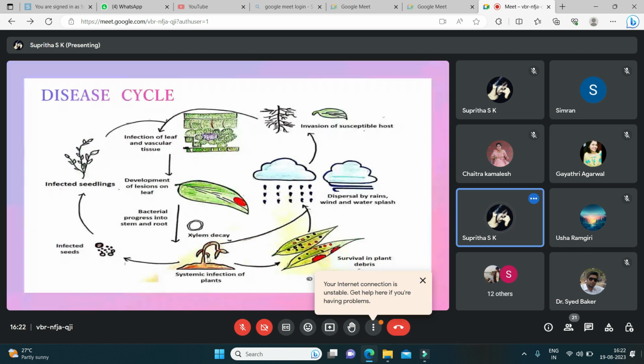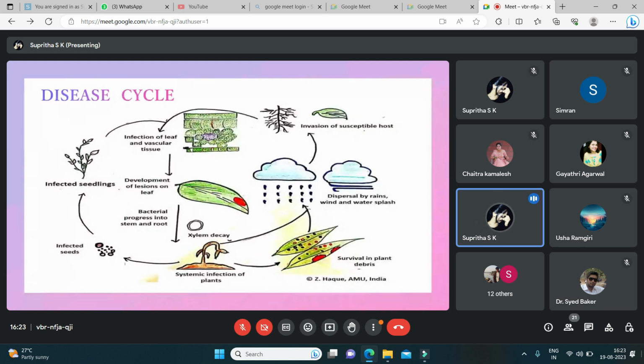So after the plant dies, the bacteria are present in the plant debris.